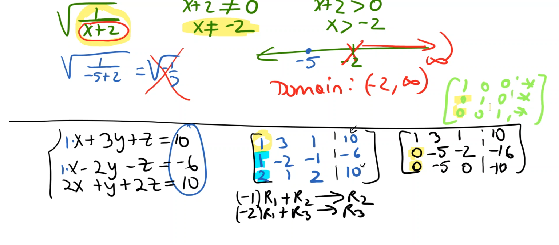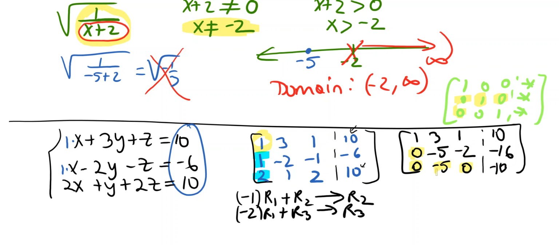So now my next goal is to have a 1 in this position, but I have a -5 in this position, and then a 0 in here, right? But notice that the row below has a -5 and then a 0.